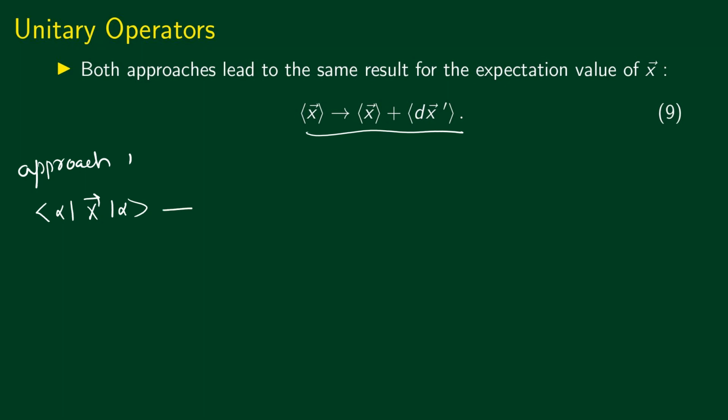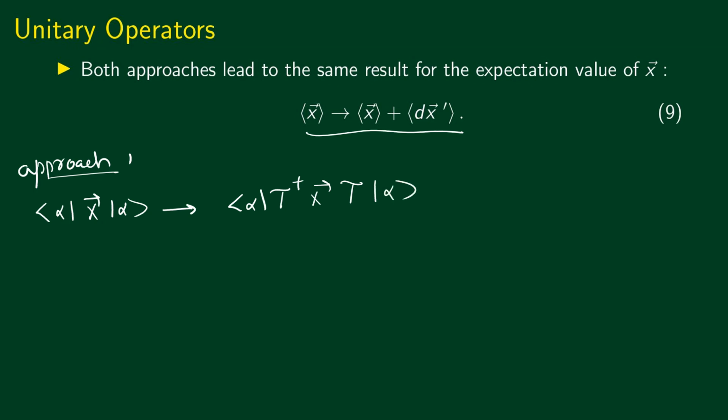Now under translation, in approach 1, ket alpha goes to u acting on ket alpha, or in this case a translation operator T acting on ket alpha, and bra alpha correspondingly goes to bra alpha multiplied by T dagger. So the expectation value goes to bra alpha T dagger x vector T ket alpha, the translation operator acting on ket alpha.